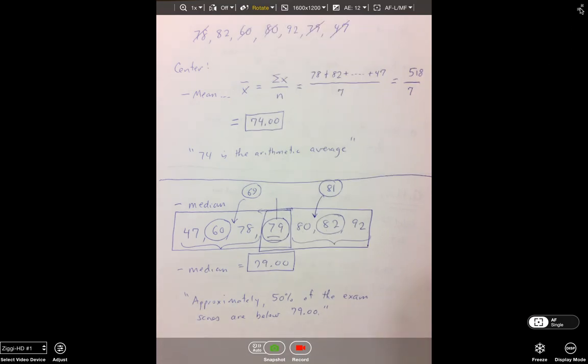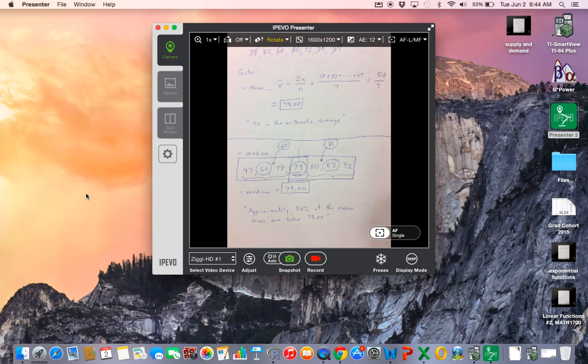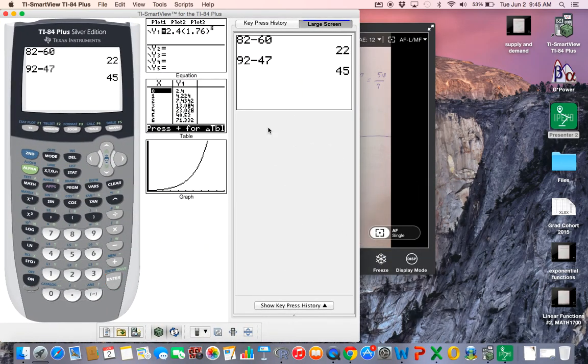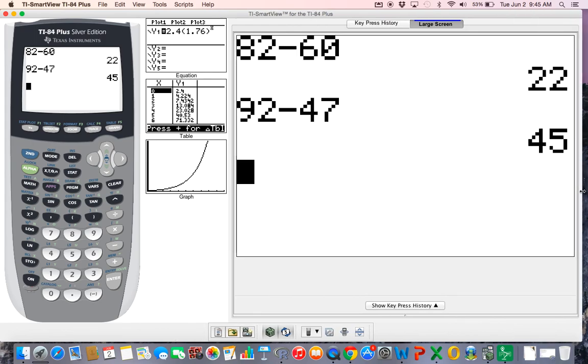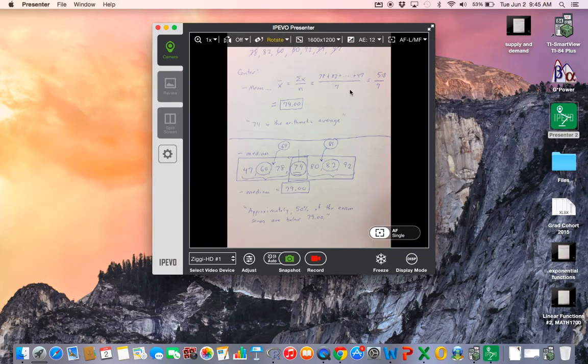I will show you how to get the right quartiles on R. I have to confess to you, I don't remember how to do that, but I will get back to you on that.